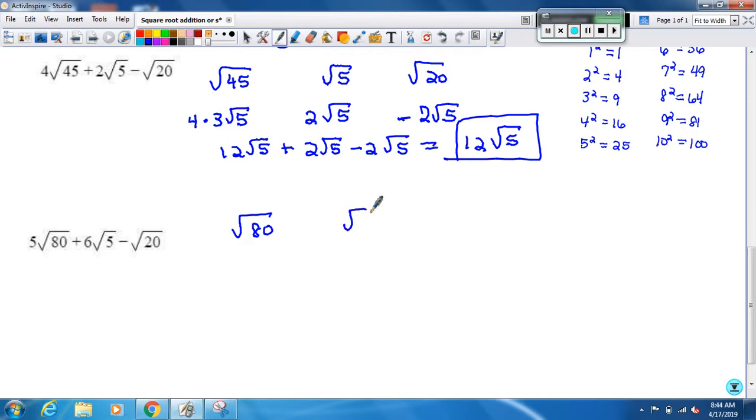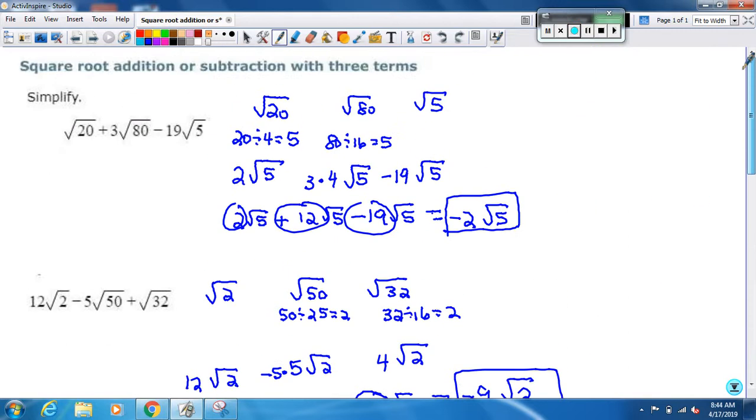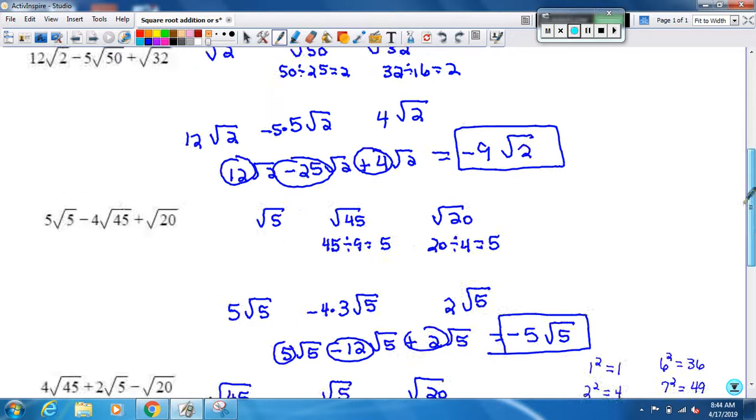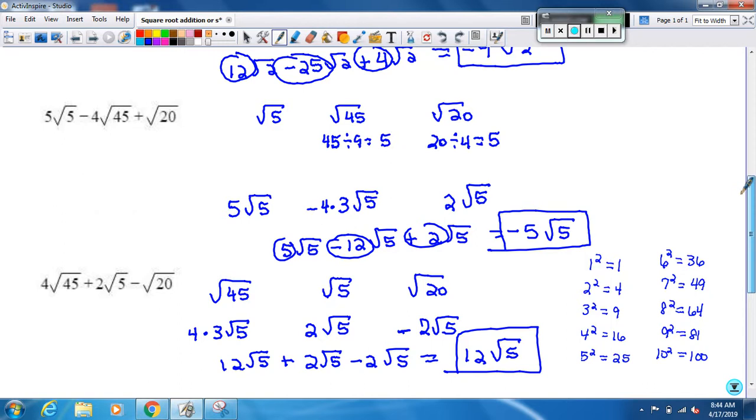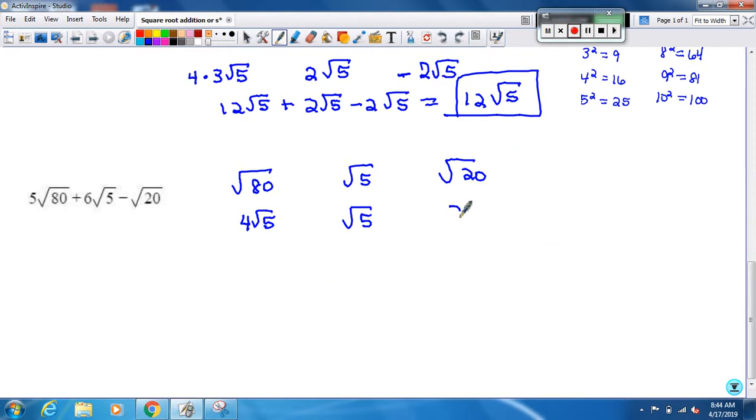80, 5, and 20. So I think at the very beginning we did an 80. Yeah, 80 was 4 square root of 5. And then this square root of 5 doesn't simplify. And 20 was 2 square root of 5. Check the front. The first one had a 5 in front of it.